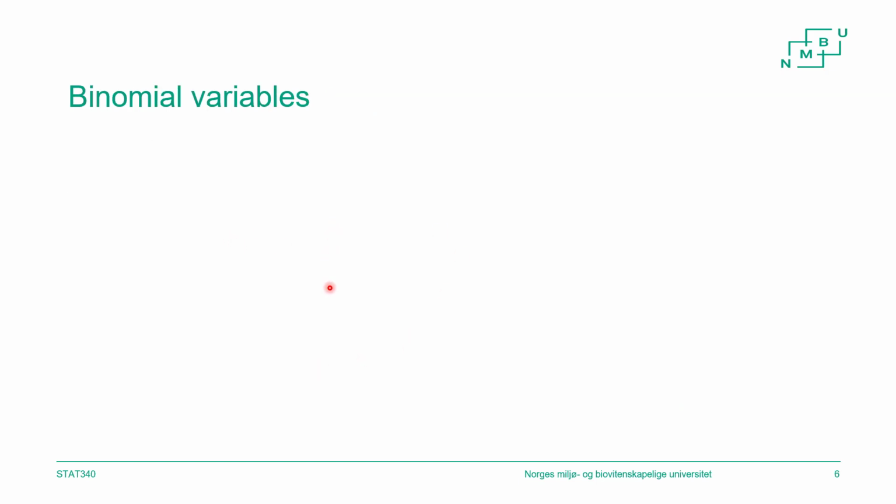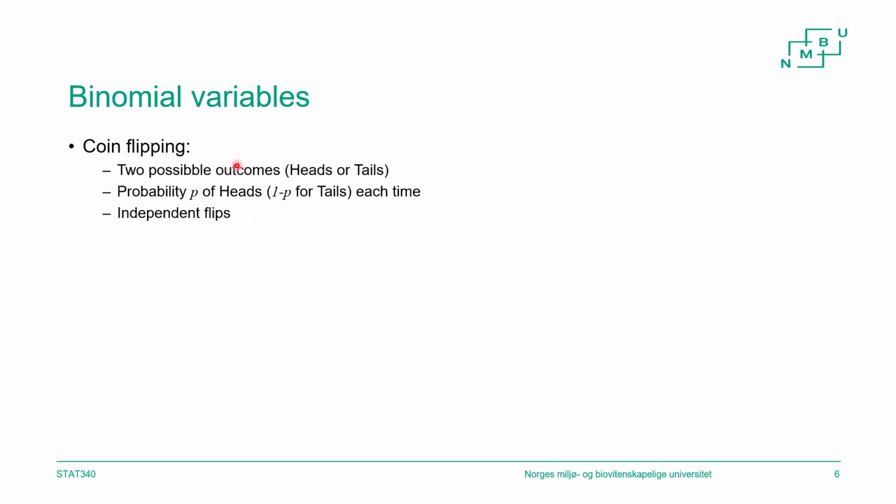First of all, let me recall from basic statistics the binomial variable. What is this? Coin flipping. This you surely have heard of. Imagine you have a sort of data generating machinery where you have two possible outcomes, and coin flipping is such a case, heads or tails, right? You flip a coin, it ends up with either heads or tails.